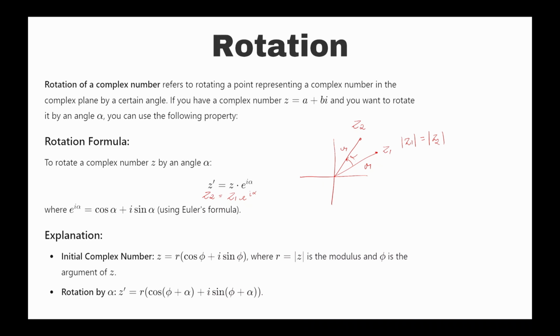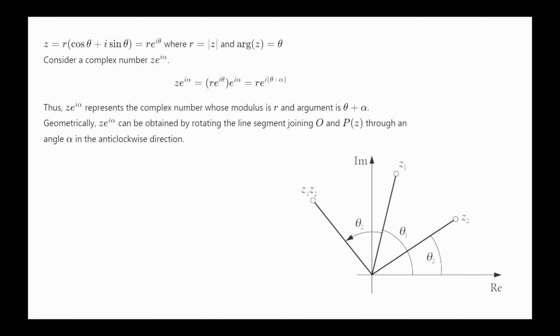complex number after rotation. Now again, there are a few things that you need to remember. Let's say my z is r cos theta plus iota sin theta; I can write it in the Euler form as r e to the power iota theta. Now if I rotate it by alpha angle, it would become r e to the power iota theta into e to the power iota alpha, because alpha is the angle of rotation.